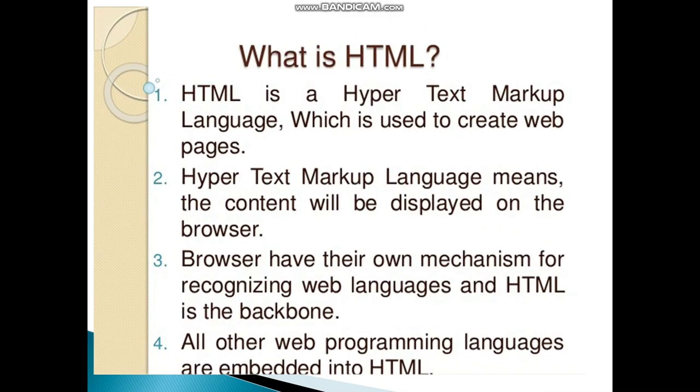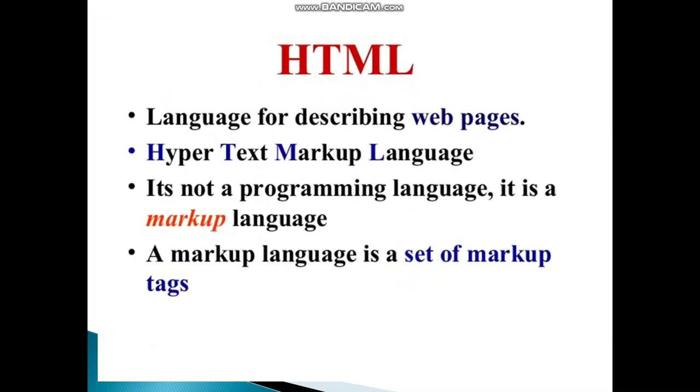What is HTML? HTML is hypertext markup language which is used to create web pages. Hypertext markup language means the content will be displayed on the browser. You can understand more: it is the language for describing web pages.